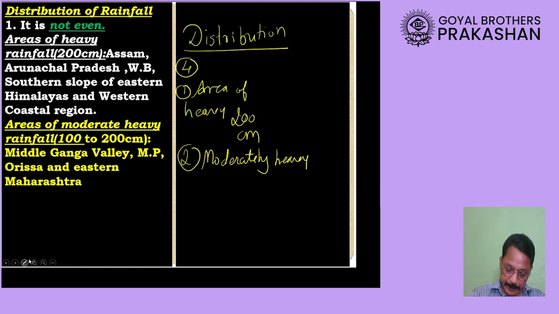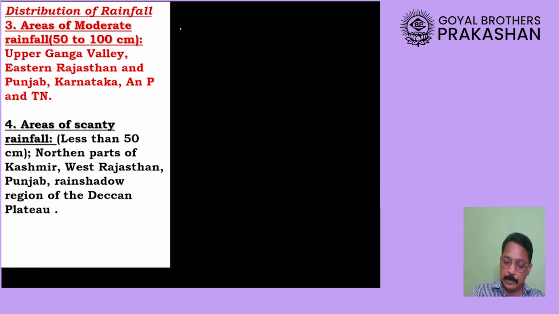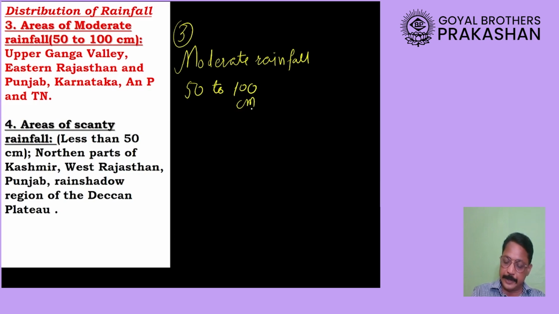Now, the third region is the region receiving moderate rainfall. Please remember the previous region was moderately heavy, whereas this region is of moderate rainfall, and it receives rainfall from 50 to 100 centimeter.